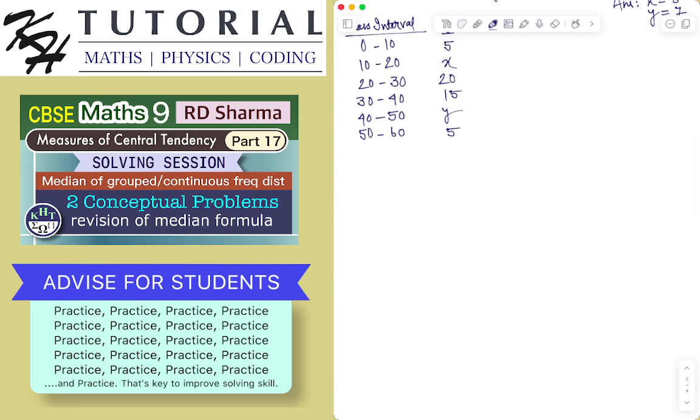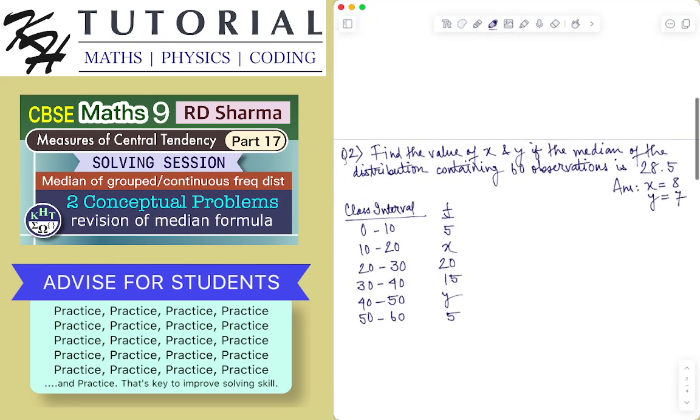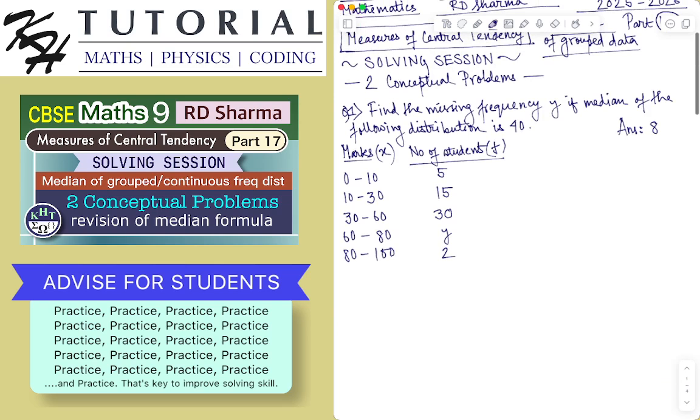Now, the first problem says: find the missing frequency y if the median of the following distribution is 40. We are given a grouped or continuous frequency distribution. But you can see that the class intervals are not of equal size or width.